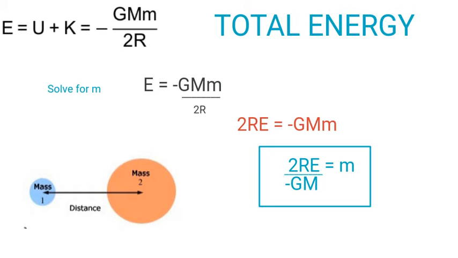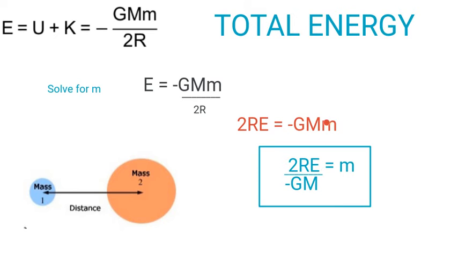For the calculations I'm going to have you do in Canvas, again, it's kind of awkward to enter very large numbers, so we're going to solve for some mass values. In order to solve for mass, we need to take this and rearrange it to solve for m. So to get m by itself, we have to multiply both sides by this r squared or 2r right here. So we do that, and that goes to this expression of this formula: 2 times r times E equals minus G large M little m.